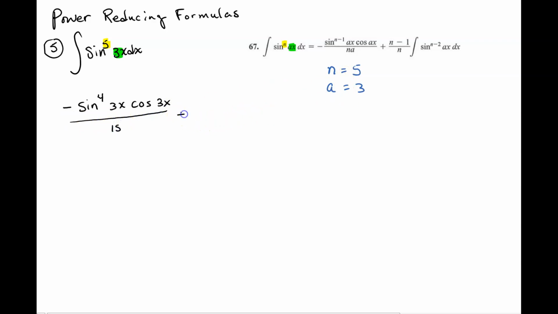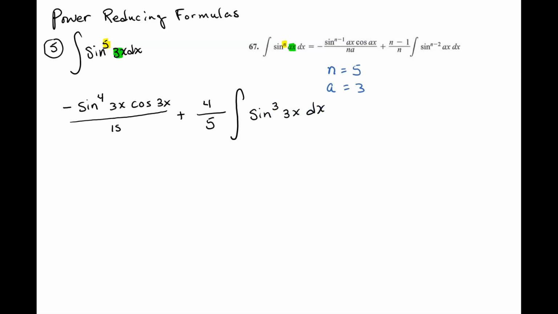Plus n minus 1, so 5 minus 1 is 4, over n, which is 5, multiplied by the integral of sine to the n minus 2 of ax. That's going to be sine to the n minus 2, 5 minus 2 is 3, ax is 3x, dx.